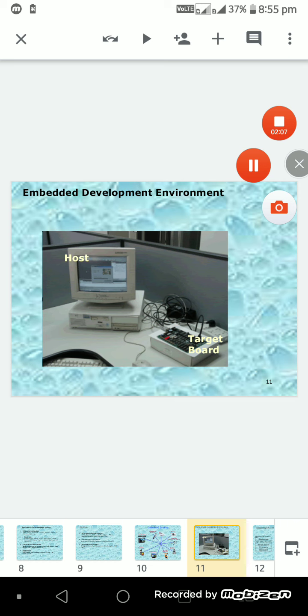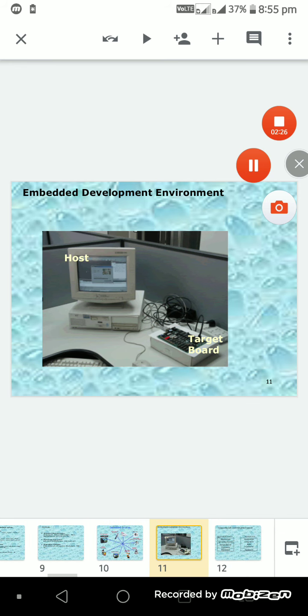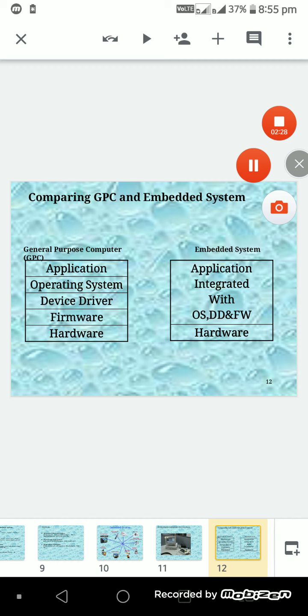At the same time, in the manufacturing board we are interfacing ICs and dumping some programming. This programming means embedded C language. This is the general purpose computer and embedded systems.